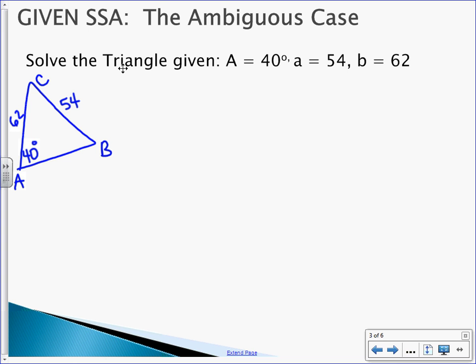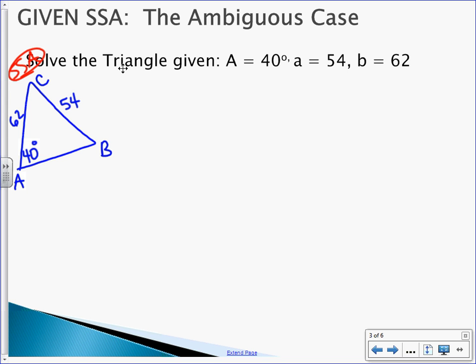Look at the given information. Do you see how we have side, side, angle? Anytime we have side-side-angle, that tells us we have the ambiguous case. This is the only time we are going to get the potential two solutions or no solution.